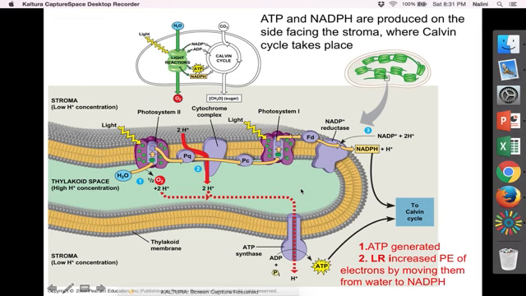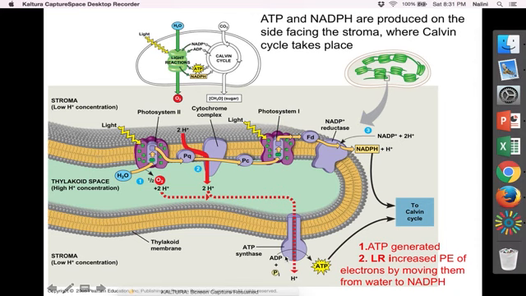Does chemiosmosis occur in photosynthesis during light reactions? Yes. What does it do? Chemiosmosis during light reactions will allow hydrogen ions to diffuse through ATP synthase. Hydrogen ions diffuse from the thylakoid space through ATP synthase to the stroma.